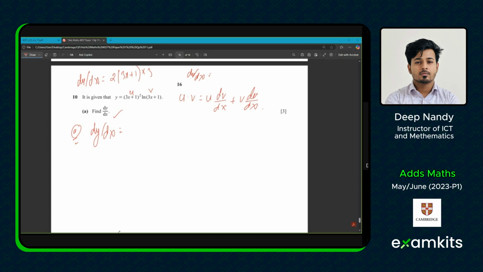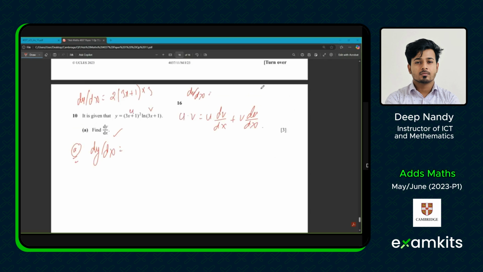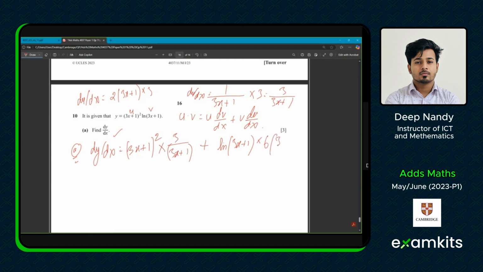Putting the values here, so dy/dx equals (3x+1)² times 3/(3x+1) plus ln(3x+1) times 6(3x+1).